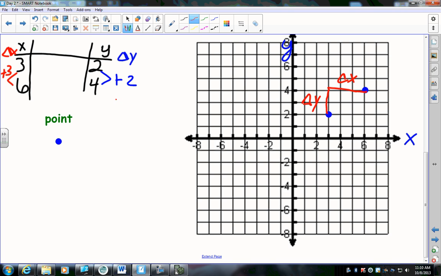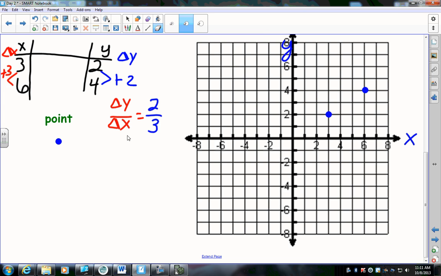So when I write my slope, delta y over delta x, delta y was 2, delta x is 3. So as I start on my points, I go up 2 and to the right 1, 2, 3.